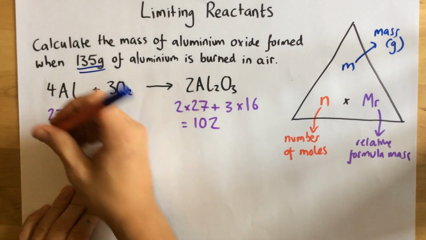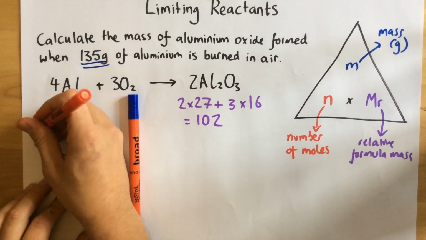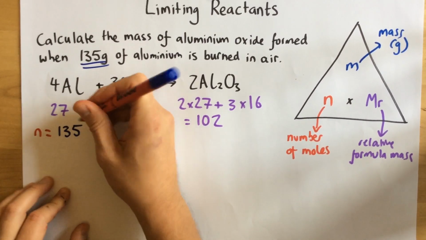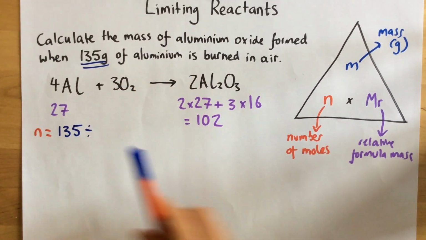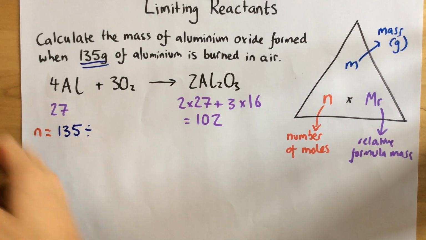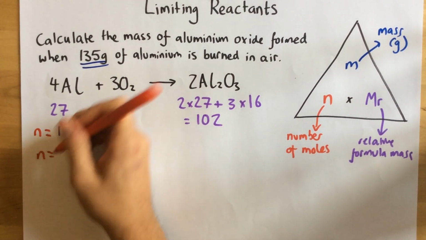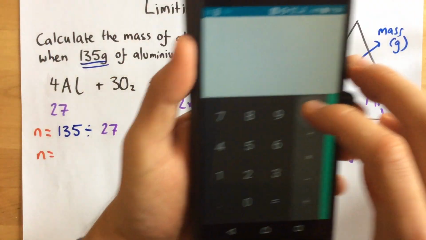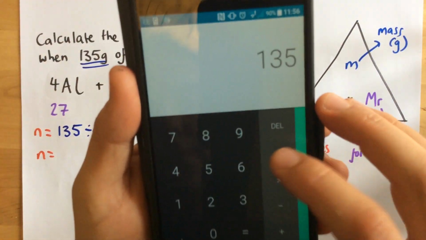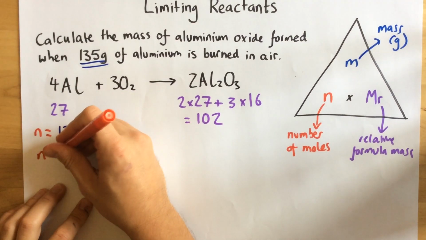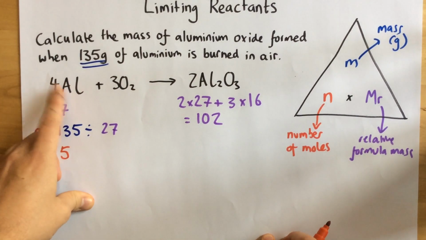So that's 135 divided by 27, which is 5. So I've got 5 moles of this reacting.